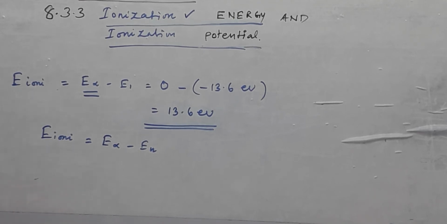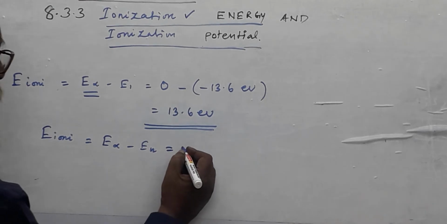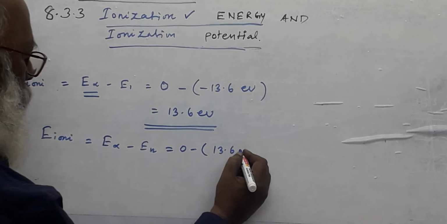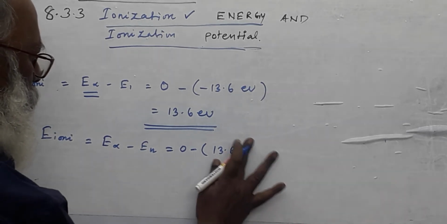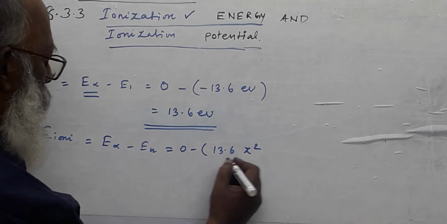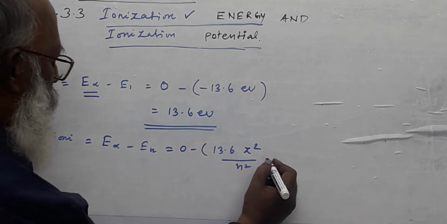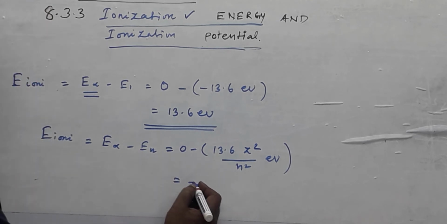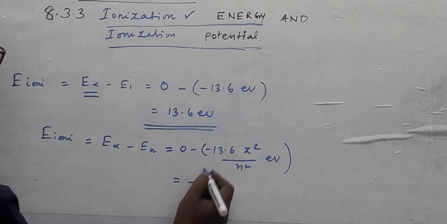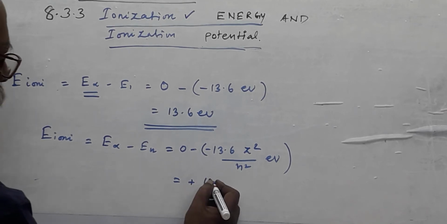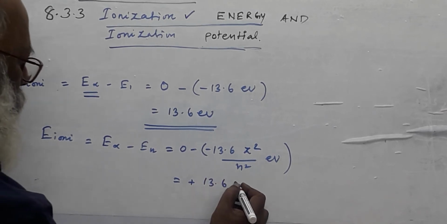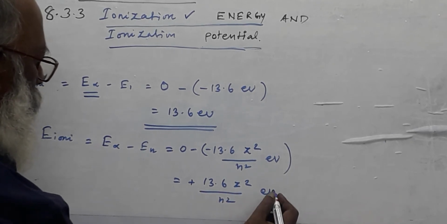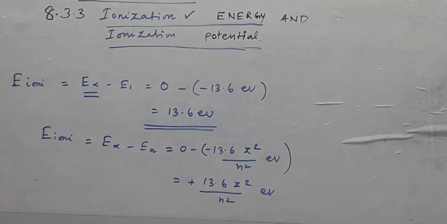That is equal to 0 minus, that is, minus or plus, 13.6 Z square by n square electron volt. This is called E ionization.